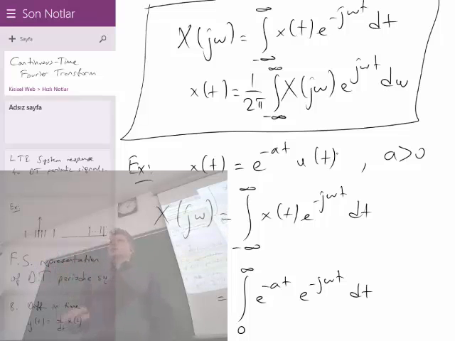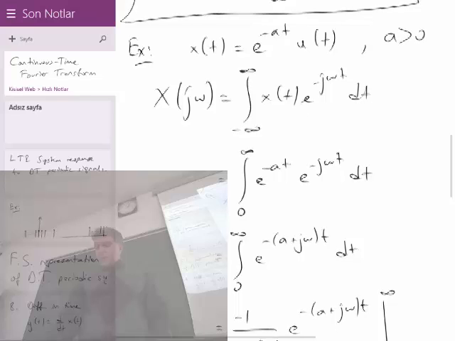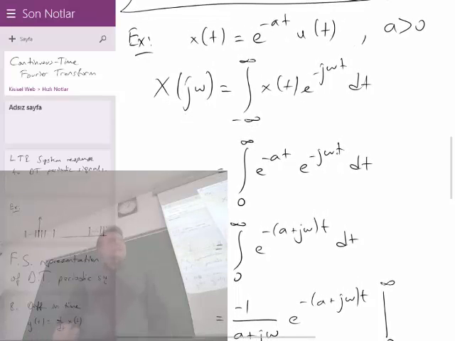So the same conditions hold here. The number of discontinuities, the number of oscillations, the number of zero crossings should be finite, and the signal should be integrable, at least. So this was our first example.